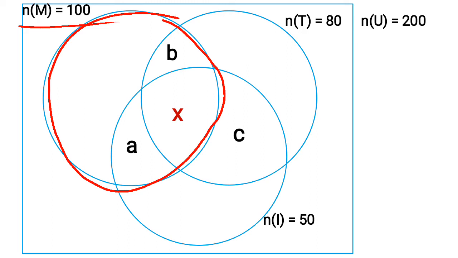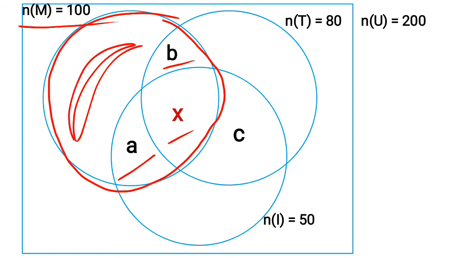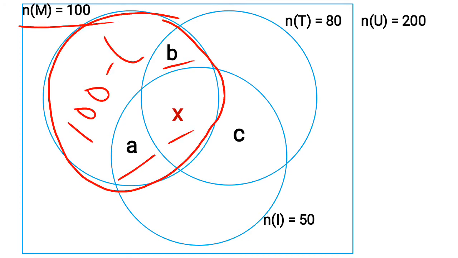If that is the case, and then we have B, X, and A, it means only malaria, only this side I am shading, should be 100 minus what we see in here. So 100 minus A plus B plus X. That should be it.